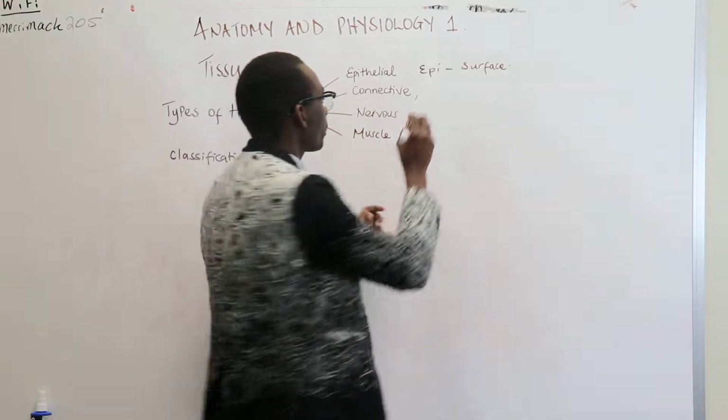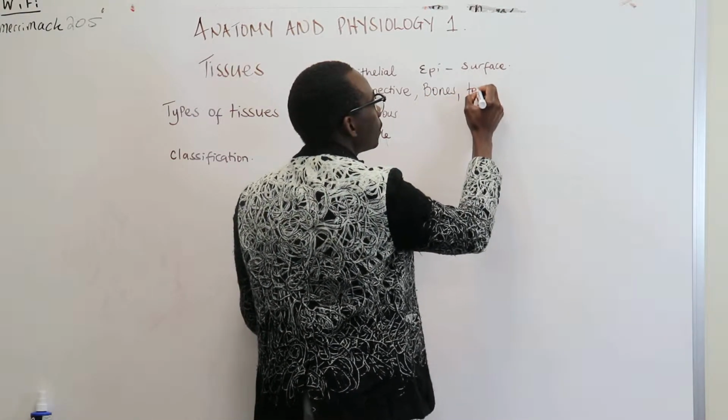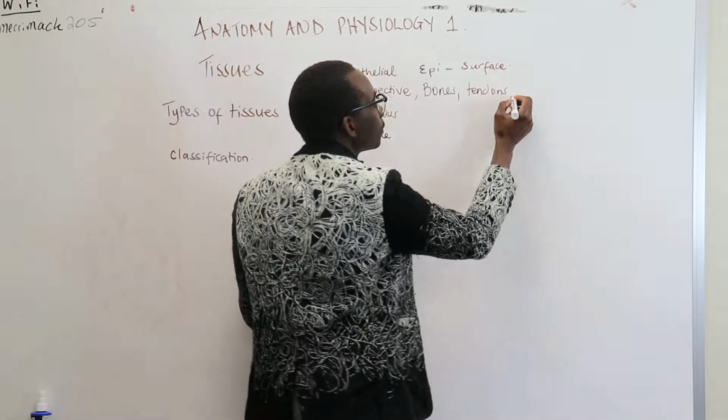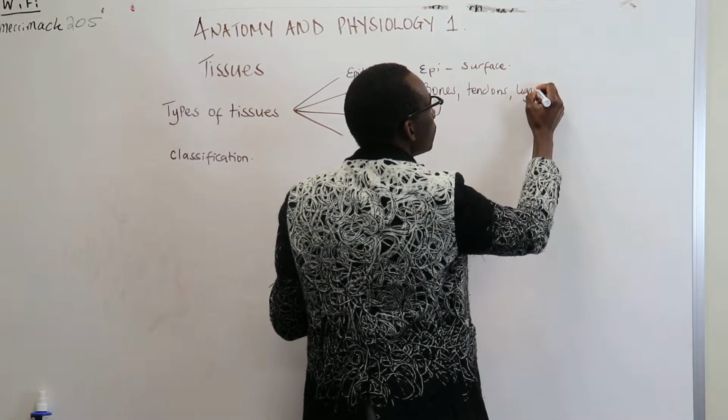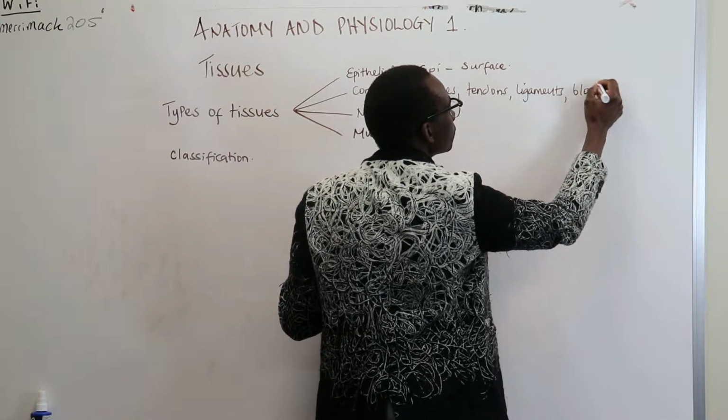So here we have bones, tendons, ligaments, and also blood itself.